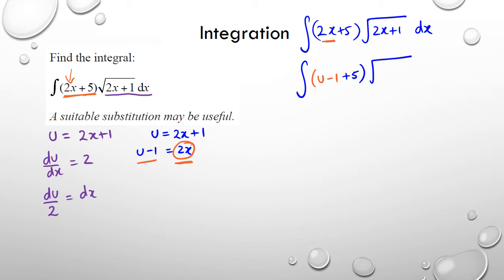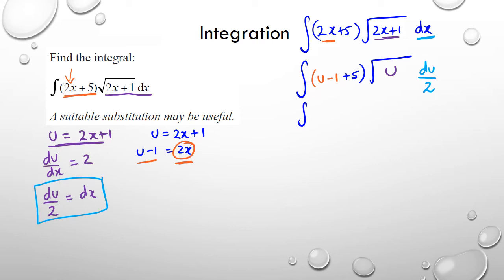I still have the square root symbol, but because 2x plus 1 is u, I'm going to put that as u. Now I need to get rid of the dx, but I've done dx. Dx is du over 2. So instead of dx, I put du over 2. Still not integrating. I'm still making this as simple for me as possible.